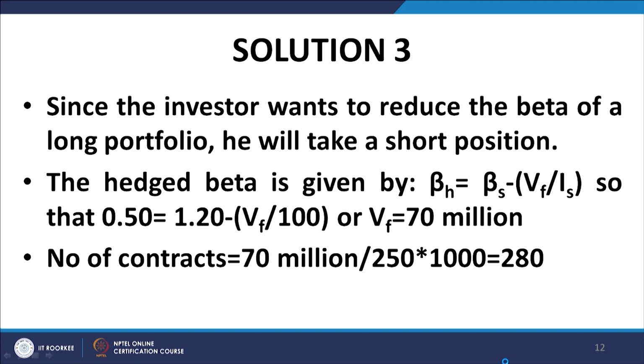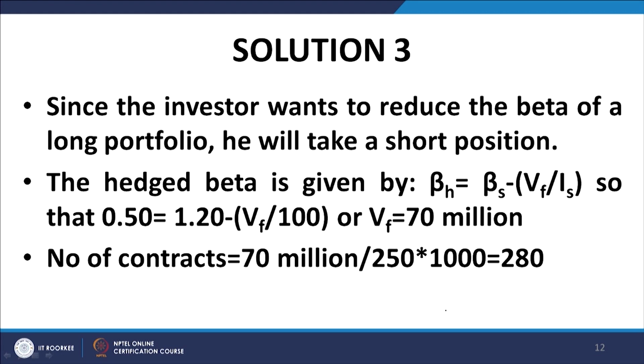The hedge beta is given by beta s minus Vf upon Is, we worked out this formula. Obviously, there is a beta f here, beta f is usually taken as 1. So, we have beta h is equal to beta s minus Vf upon Is.